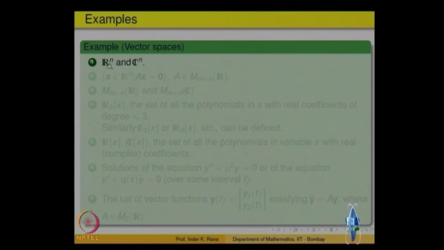So, Rn is a vector space over the reals. Cn can be treated as a vector space over reals as well as a vector space over complexes. The underlying scalars you can choose whichever you like. They will give you two different objects: one will be Cn as a vector space over R and the other will be Cn as a vector space over the complex numbers itself.